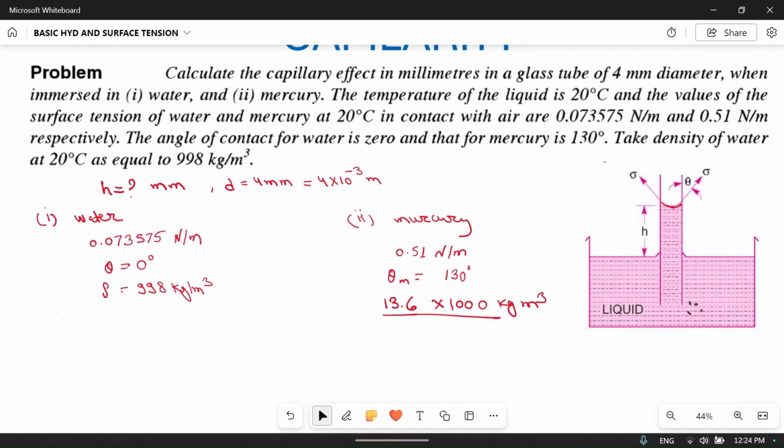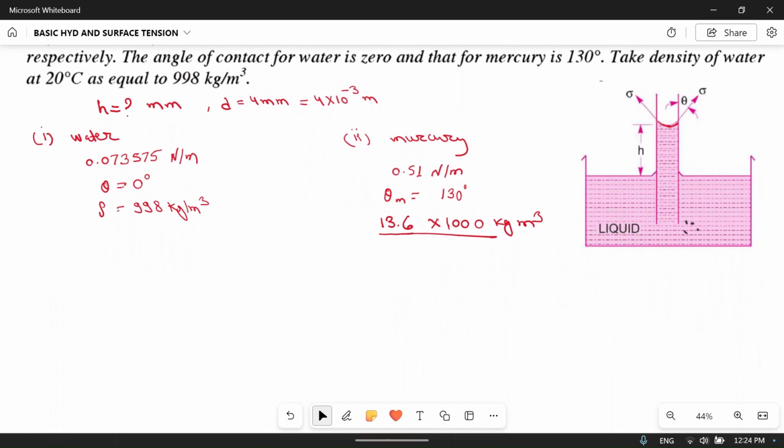So first of all we will try to derive the expression for this height. What will be the rise in the level of the liquid inside this thin tube? So let's draw the free body diagram. This is the liquid column which has risen above the original level. This is H, this is D diameter.